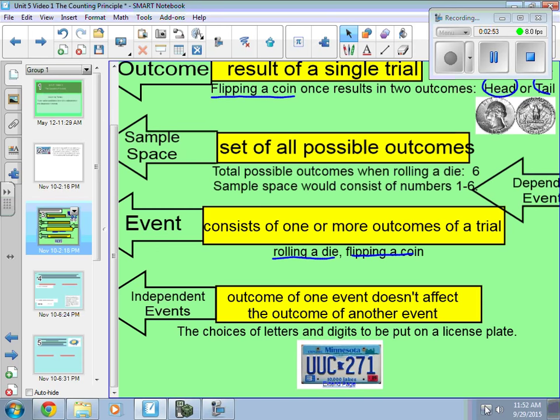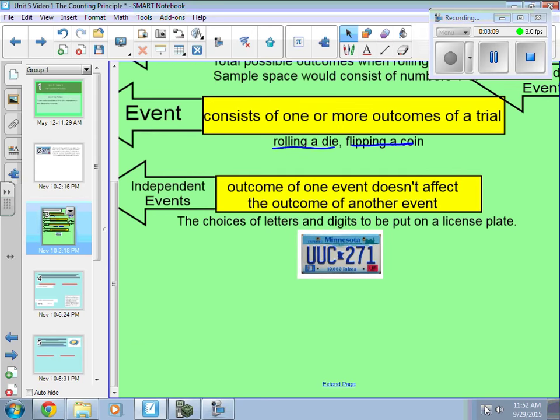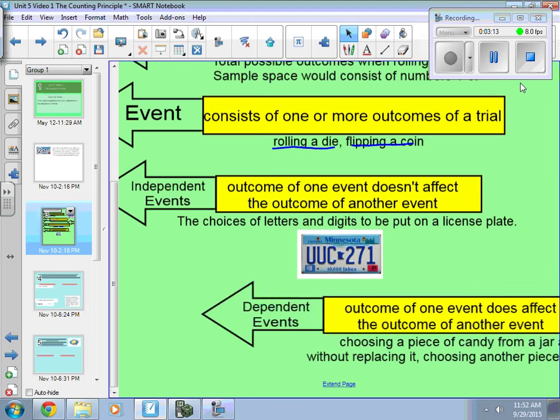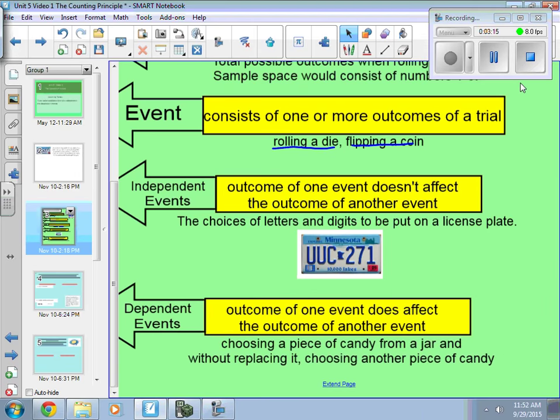So this would be like our license plate problem we're going to be coming back to. Your choices for different letters or numbers are not dependent on the other one. As you can see in this license plate, U is used twice, so you can use repeated things. That's independent.